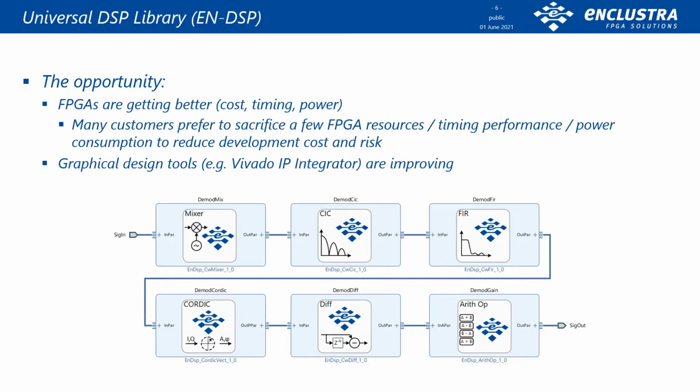Of course, this problem has existed for decades, so why do we think there's an opportunity to fix it now? Well, one reason is that FPGAs are getting better. So we're increasingly finding that many customers would prefer to sacrifice some small amount of FPGA resources or timing performance or power consumption in order to reduce the overall development cost and risk.